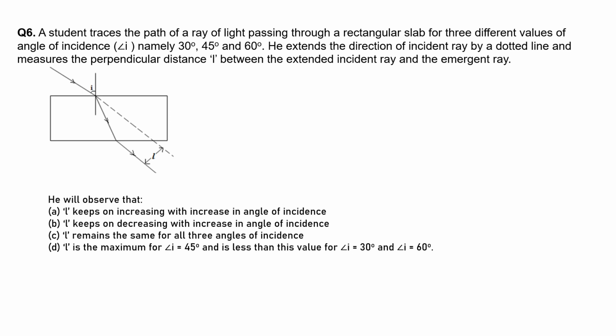He extended the direction of incidence to find the lateral distance, so you need to extend it. He extended it by a dotted line and measured the perpendicular distance between the extended incident ray and the emergent ray. This is your emergent ray.